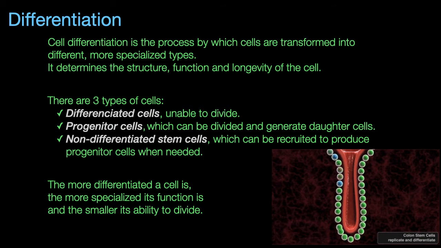Then we have differentiation, which is the process by which the cells get more specialized, right? So here in the image you see how the different cells of the epithelium of the digestive system are formed.